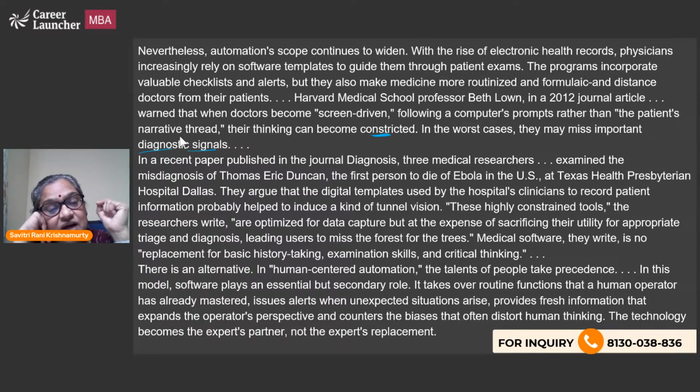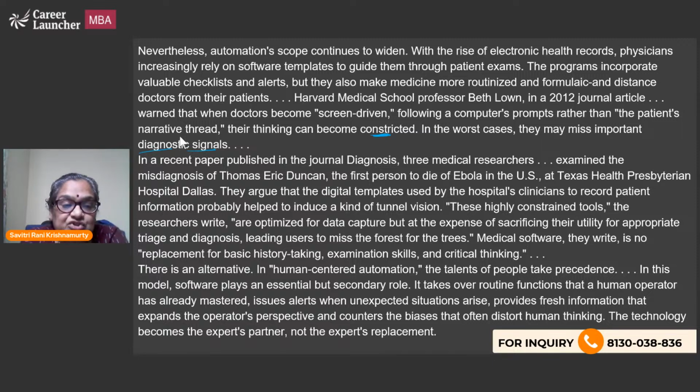Researchers argue that the hospital's doctors used digital templates, and these digital templates and all the readings that they gave helped to induce a narrow vision. The doctors did not even think beyond what it could be. Their thinking was restricted.